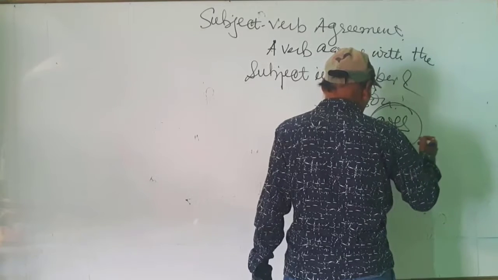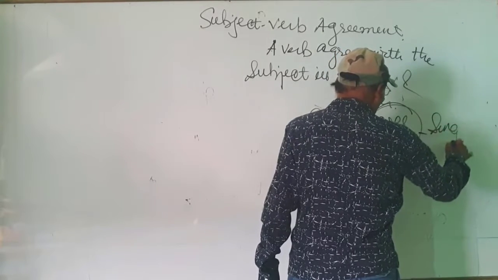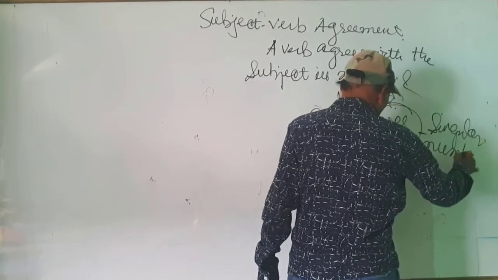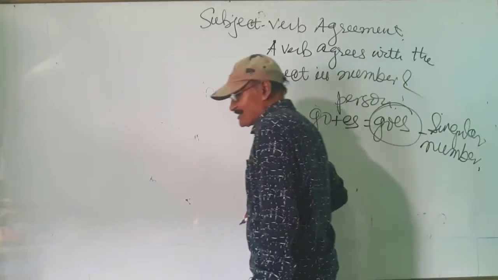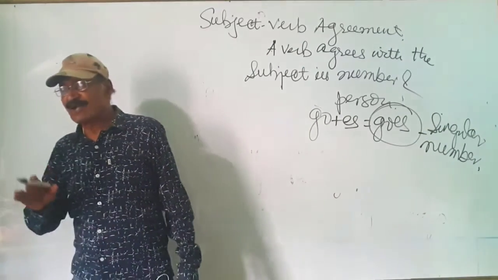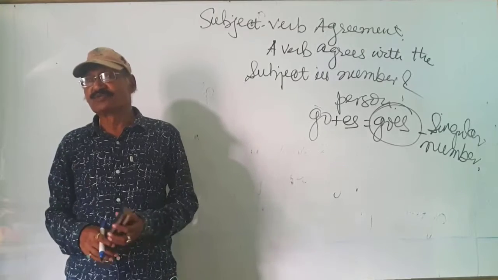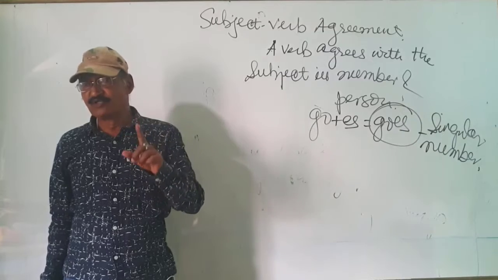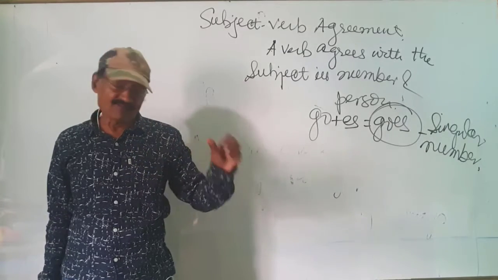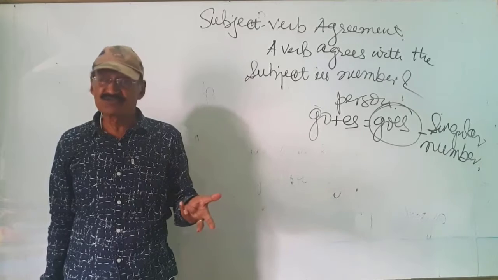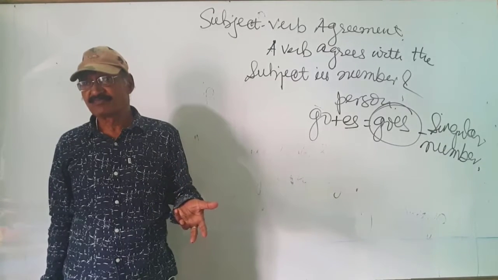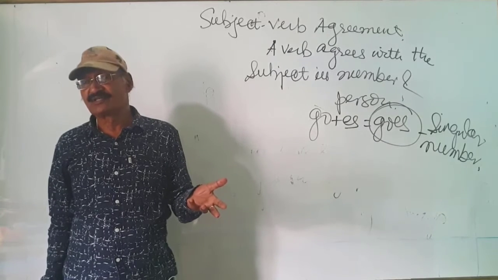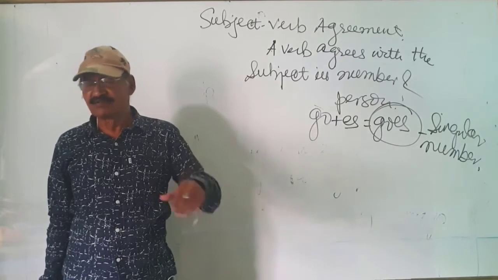Then goes can be used as a singular number. Did you get the point? Goes can be used in the singular number, and it can be used with a singular subject. Ram goes, Mohan goes, Kareem goes, Sultan goes, Maria goes, all these.